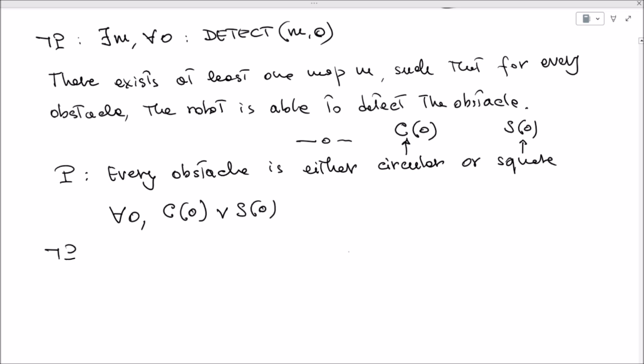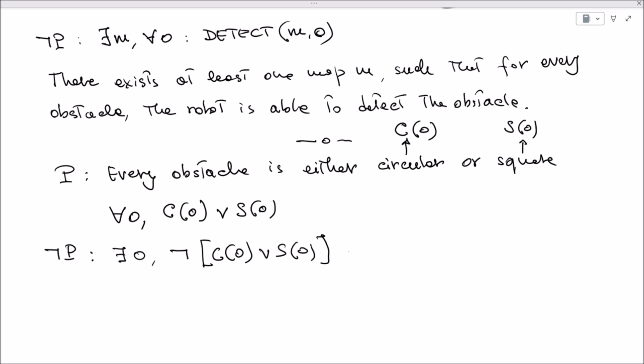The negation of P will be there exists at least one obstacle such that not (C of O or S of O).